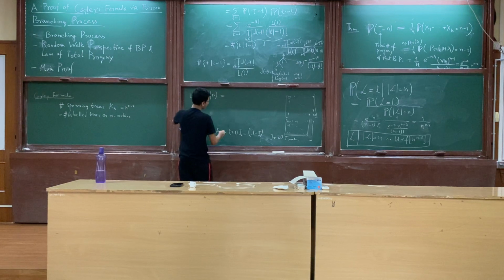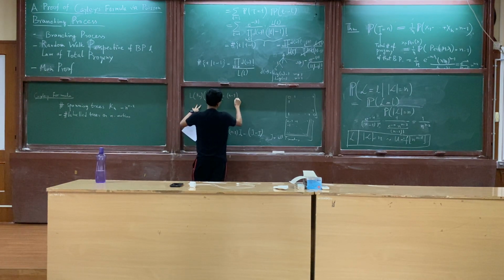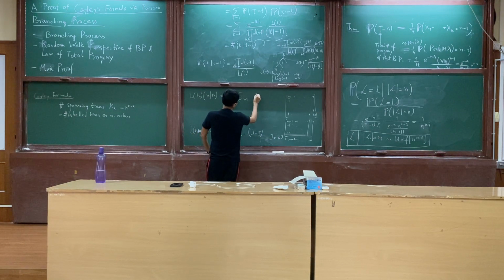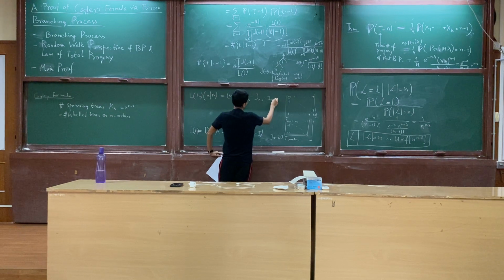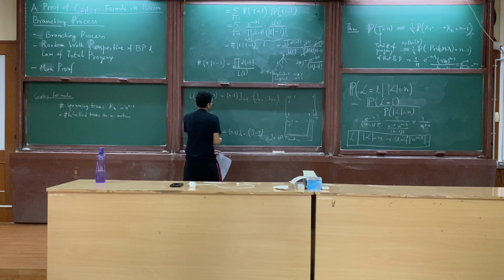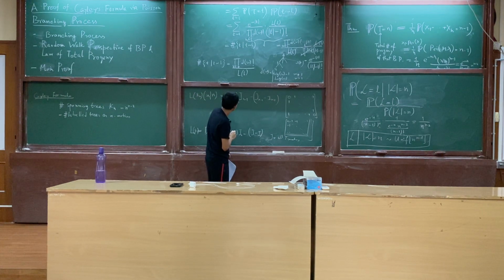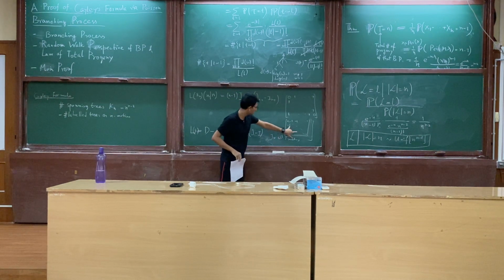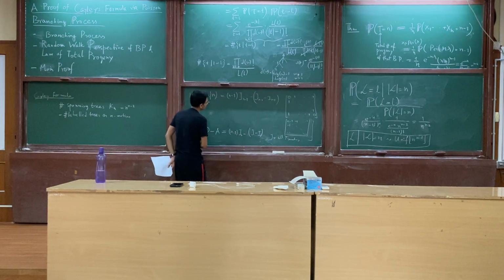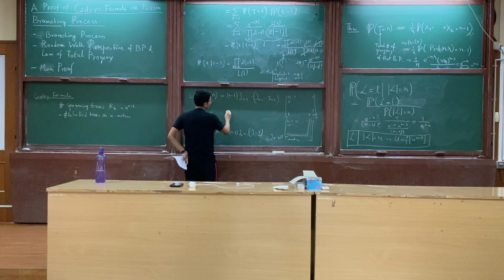That would be n times I_{n-1} minus J_{n-1}. The diagonal entries are n minus 1.